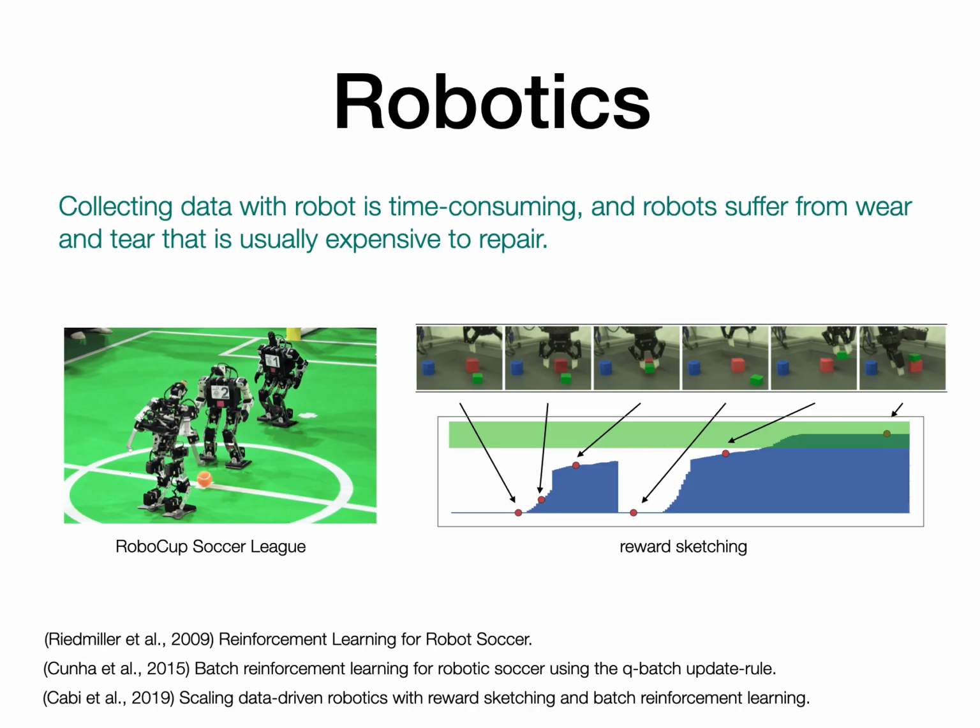First example is robotics. Collecting large amounts of data with real robots may be time-consuming, and robots suffer from wear and tear that is expensive to repair. Thus, learning from collected data with batch RL is appealing for robotics. One of the most famous applications is the RoboCup soccer leagues.